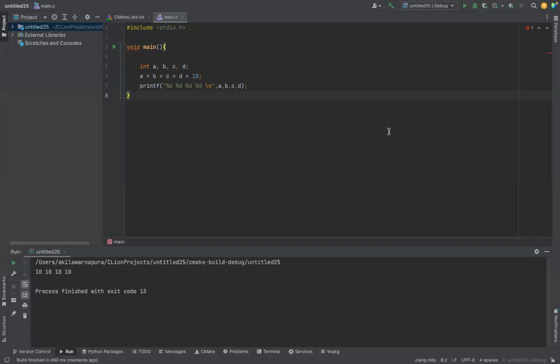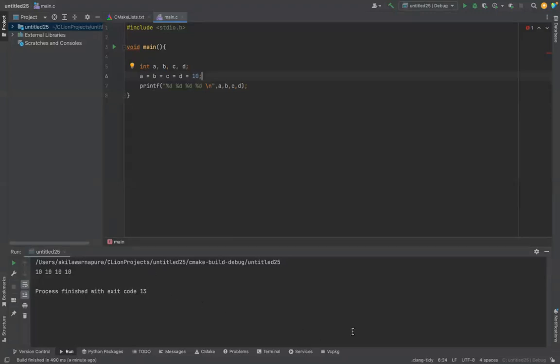So can you explain what's actually happening inside the RAM when assigning like this, or how it is stored inside the RAM? If you have this kind of statement, it usually executes from right to left. That means there's an equal sign, that means assignment. When the assignment happens, the right side value is assigned to the left.